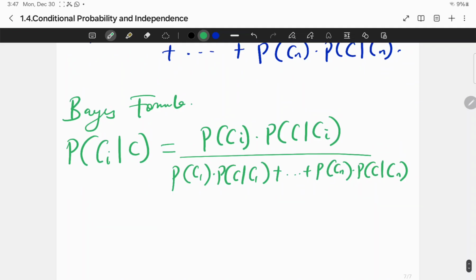Alright, and then we check some examples for better understanding of that.